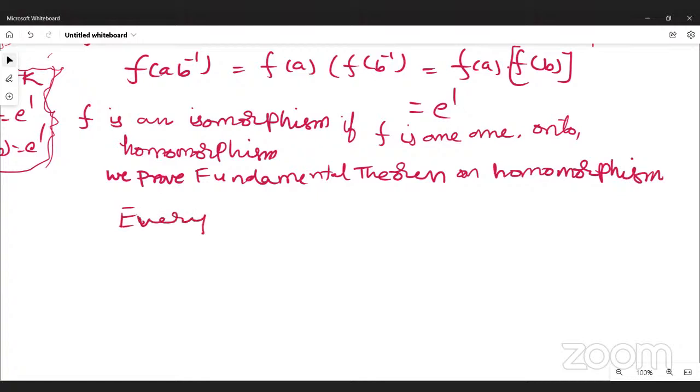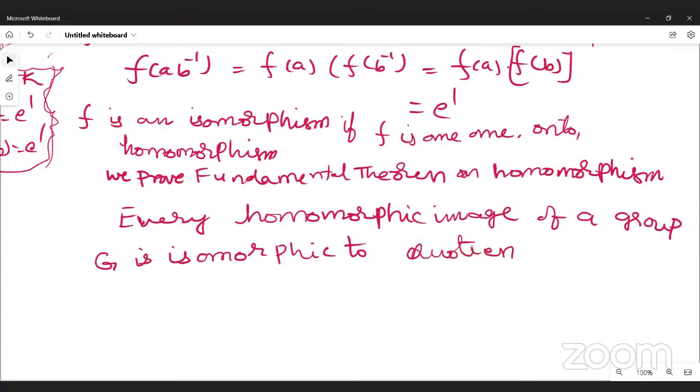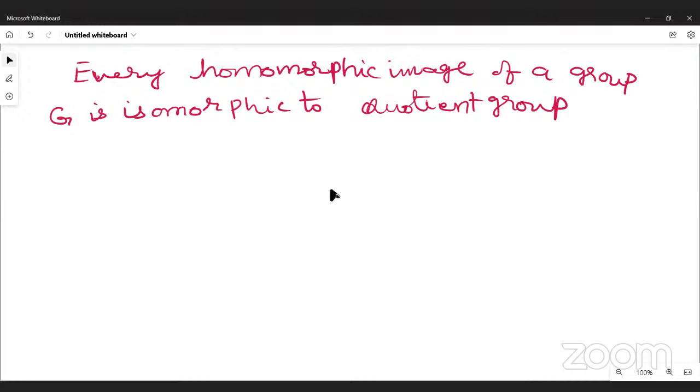Every homomorphic image of a group G is isomorphic to a quotient group.